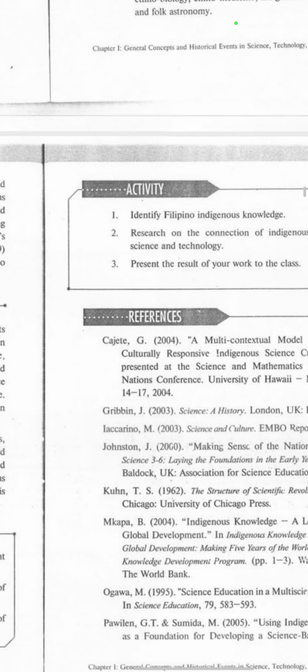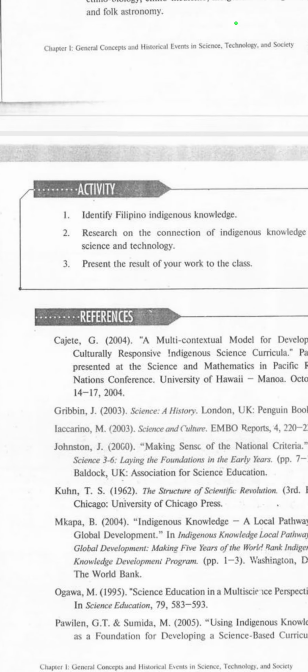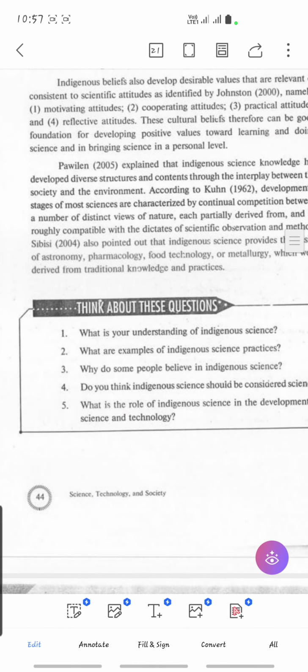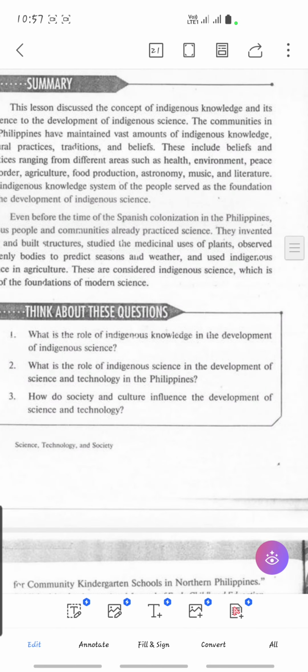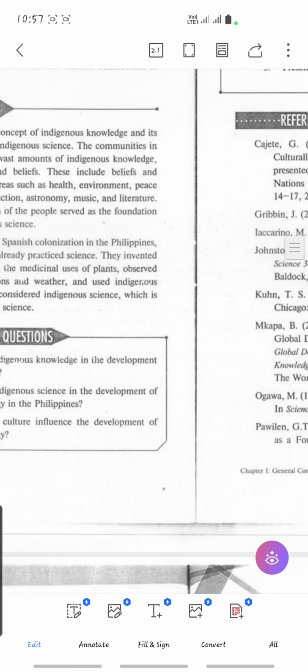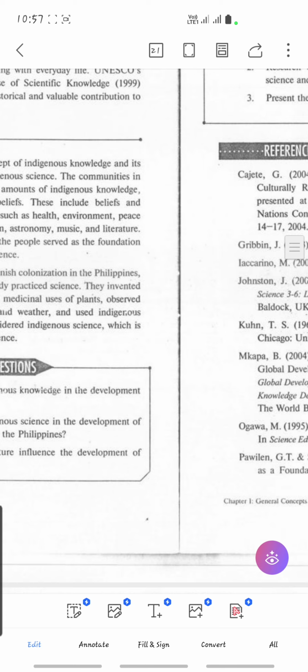Then you will submit it next week, face to face. Write it on yellow paper. Only 2. Think about this question and also this question. That's it. That is the end of our lesson 4, which is the indigenous science and technology in the Philippines.